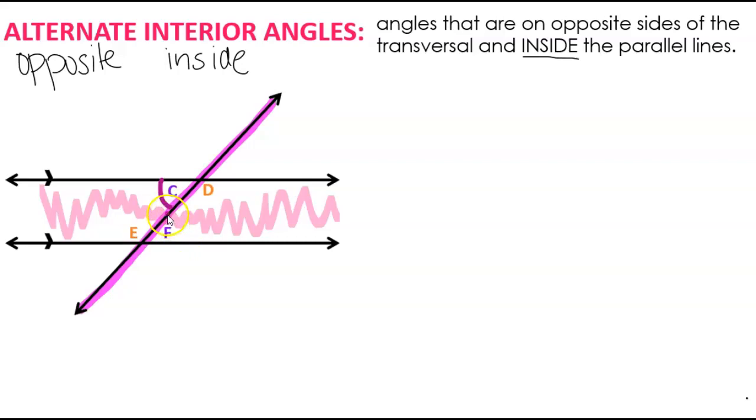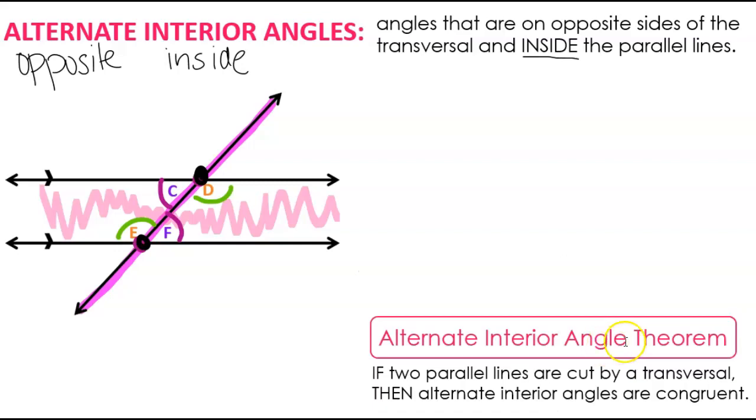We have to come to the other intersection, and it'd be F. Notice these are on different intersections, intersection 1, intersection 2. Another example would be angle D and angle E. Now, when these lines are being cut, if they're parallel, then the alternate interior angles are congruent, okay?